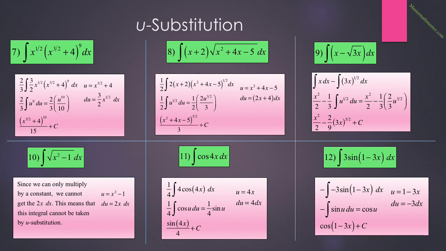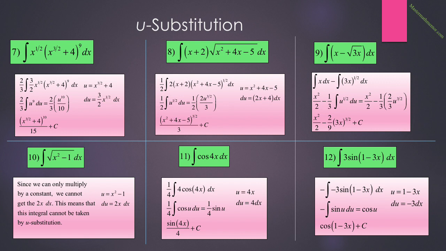Number 12 reads the integral of 3 sine of 1 minus 3x dx. U is 1 minus 3x, du is negative 3 dx. We have the 3, we have the dx, we're just missing a negative sign. So we put a negative on the inside and a negative on the outside. And this problem becomes negative the integral of sine u du.